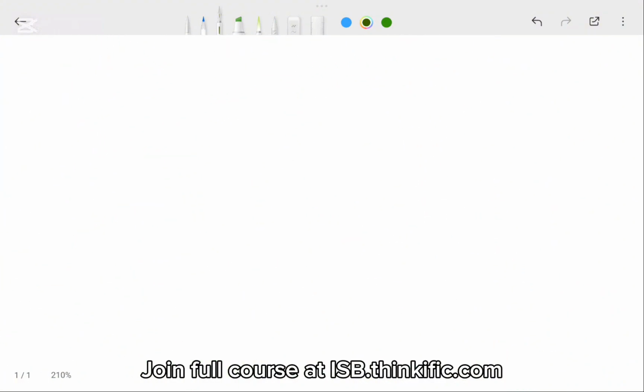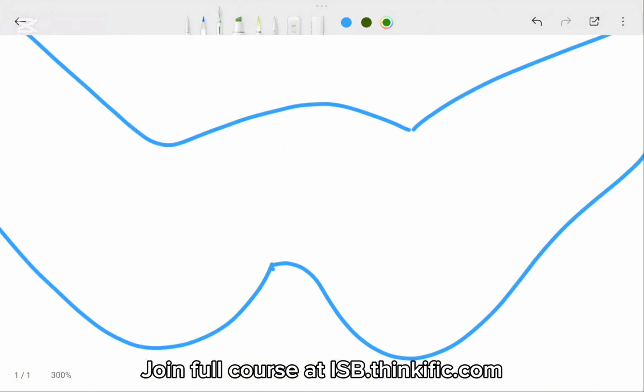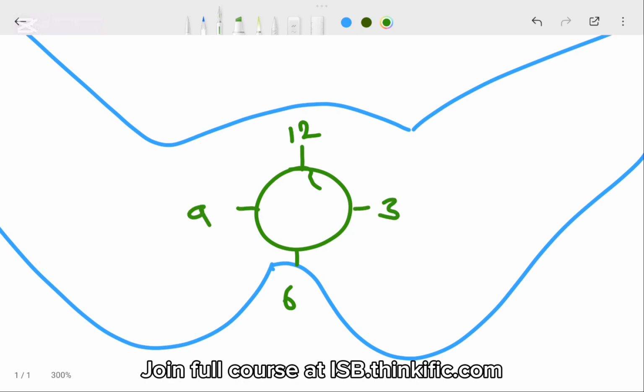If we put a patient in the lithotomy position and inspect the patient's anus, I'm going to make it out of proportion bigger, and we view the anus as a clock. So that will be 12 o'clock, that will be 6 o'clock, and that will be 3 o'clock, and that will be 9 o'clock.